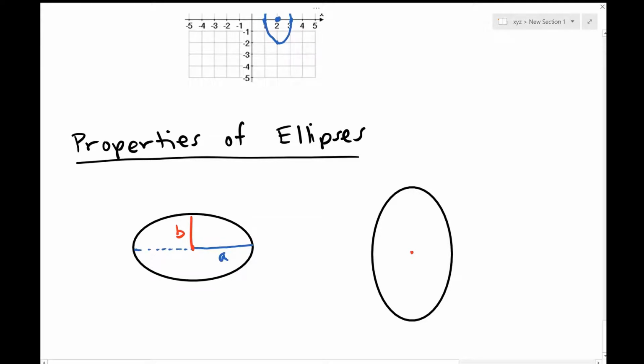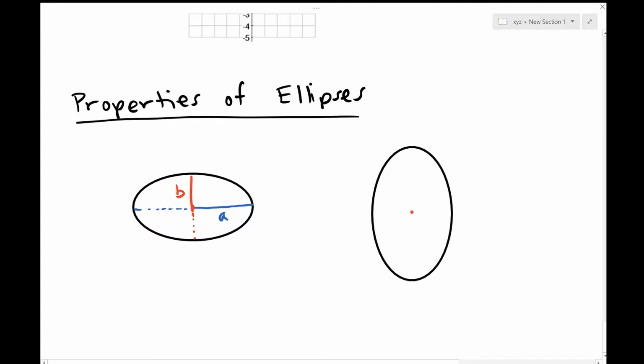So if I take the a value and I extend it the other way, that gives me a line segment that goes all the way through the center of the ellipse. And I could do the same thing with the b value here, extending it downward, so that it also goes all the way through. Well, those two segments give us what we call the major and minor axes of the ellipse. So this horizontal distance going all the way across, that would be the length of the major axis.